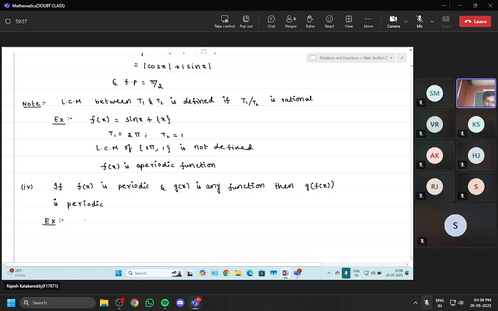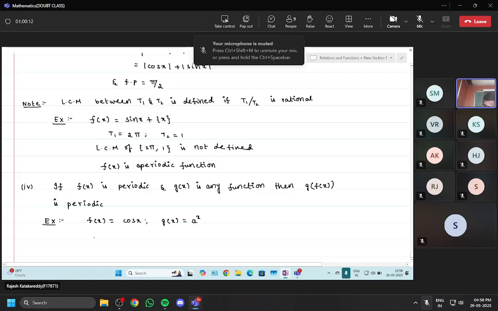Example number 1: function f of x is equal to cos x, we can take g of x is equal to a power x. Now, what can we say? g of f of x is equal to how much we will get? a power cos x.